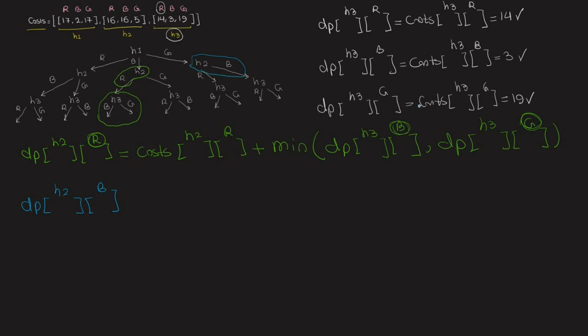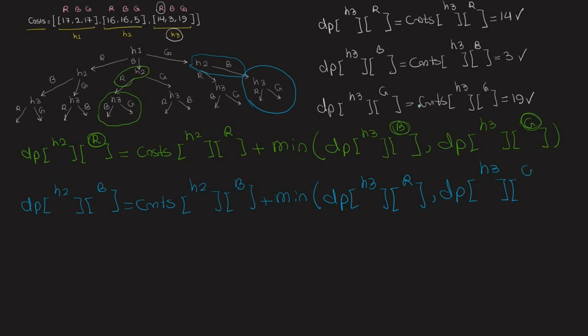Okay, so I have to pay the cost for house 2 to paint as color blue, and the minimum value between these two options, which is DP of house 3 for the color red and DP of house 3 for the color green. So we continue this and we calculate DP of house 1 for the color red.